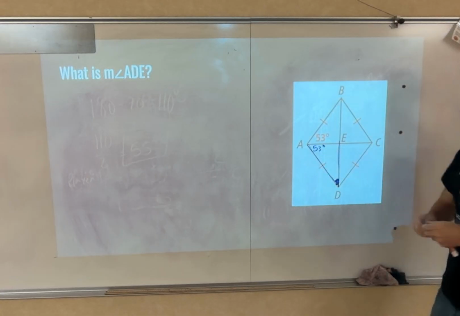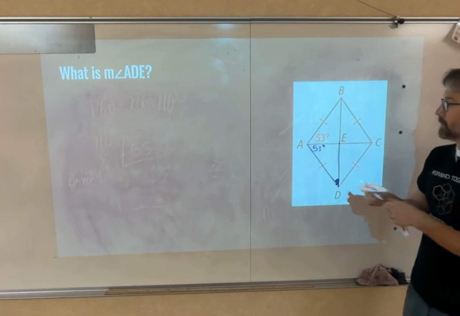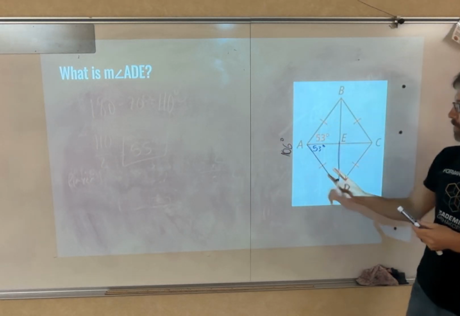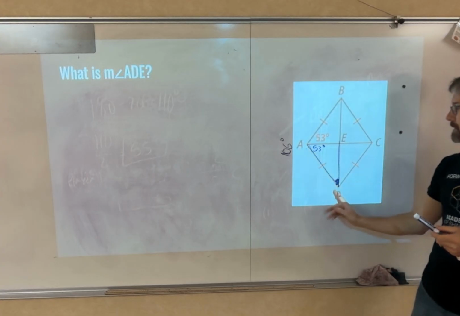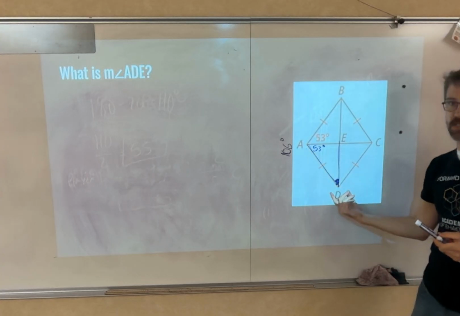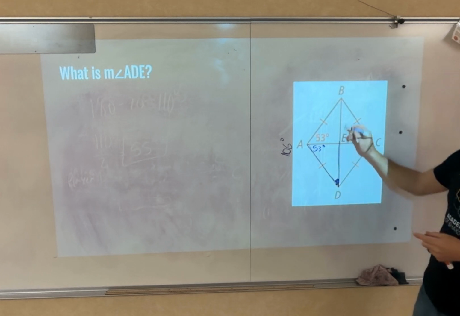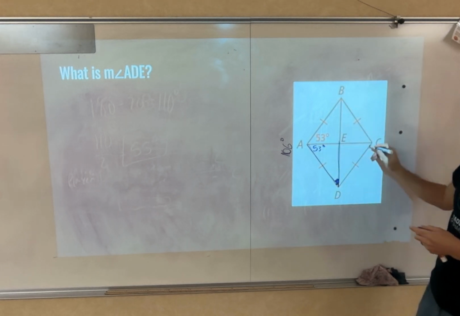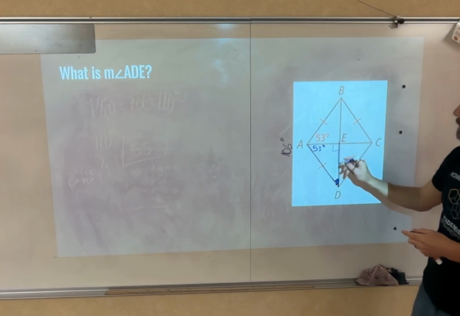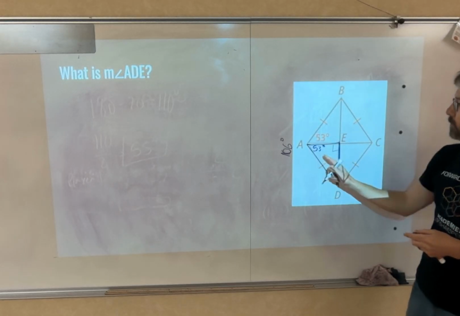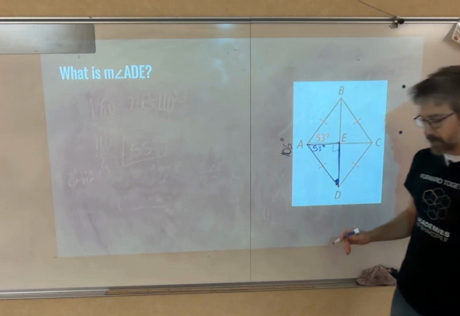Now, I could use this as 106 degrees, and know that 180 minus 106 is going to give me angle D, and then I could split that in half, and that would totally work. The other way I could do this, I know because this is a rhombus, these cross at a 90-degree angle, so I have a right triangle here. And I have two angles in my right triangle.